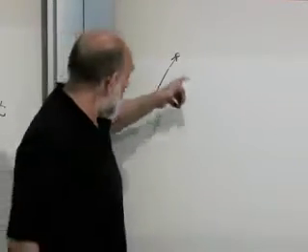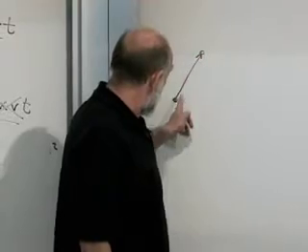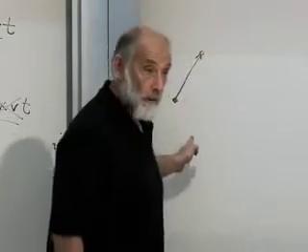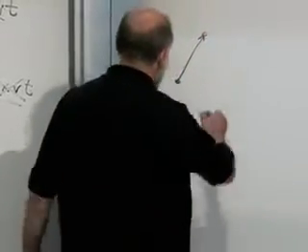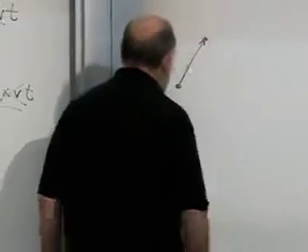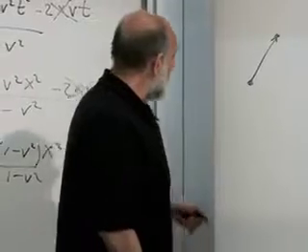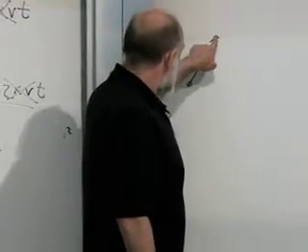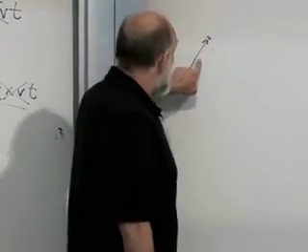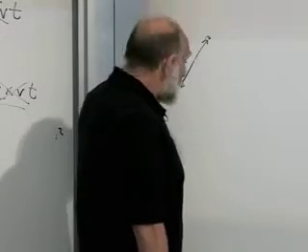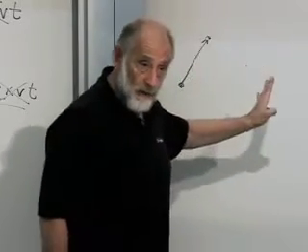In other words, the difference between the time read at this point and at that point will be the proper time along that trajectory. If I give you two points in space-time, we can calculate very easily how long it takes to move between these two points as read by the moving clock, not as read by stationary clocks. That's different.